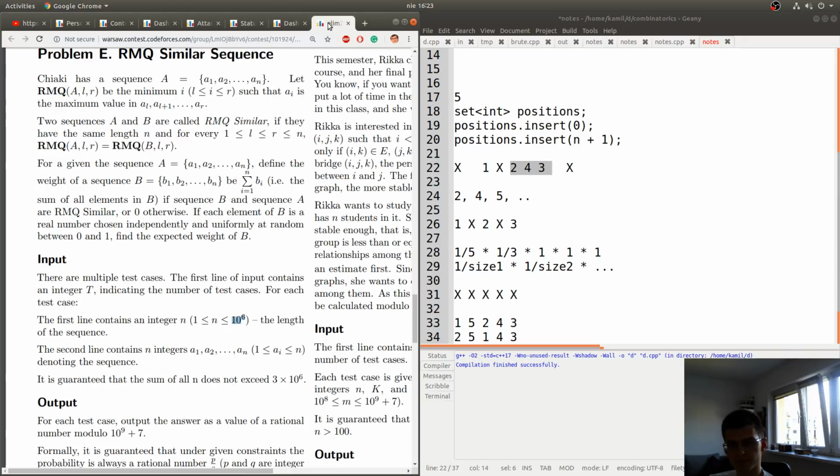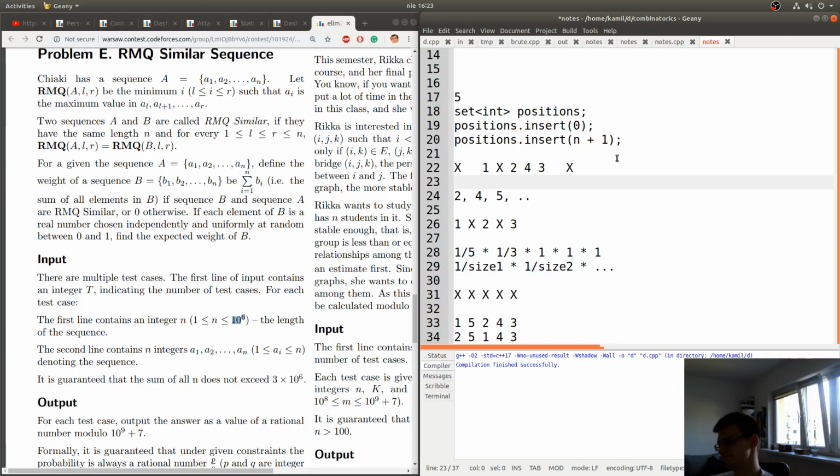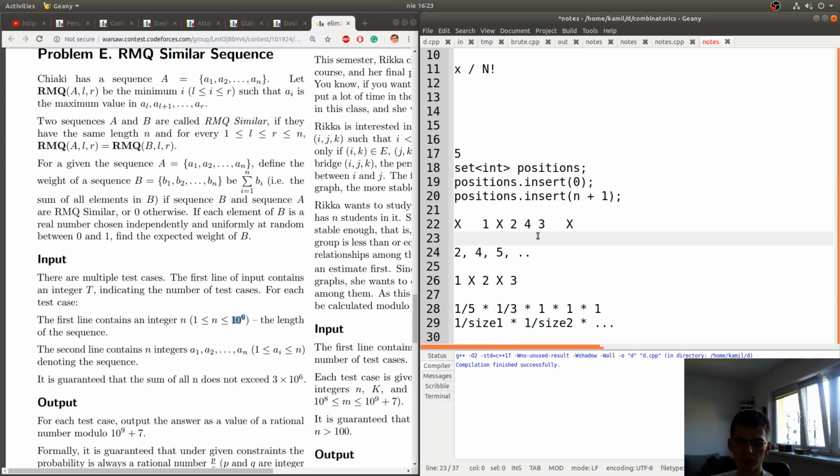And one interesting thing to be aware of is that actually we can avoid this log from set, assuming that numbers are already sorted, and it's a common technique.